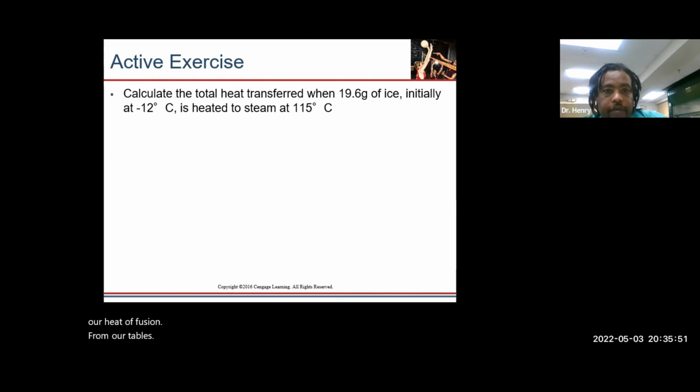So I'm going to write up here at the top what we want. We're going to go get C ice, C liquid, and then C gas.